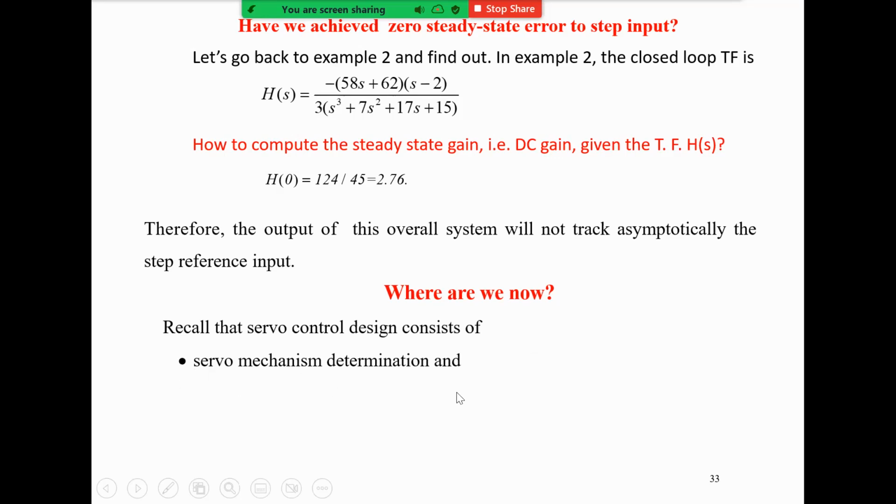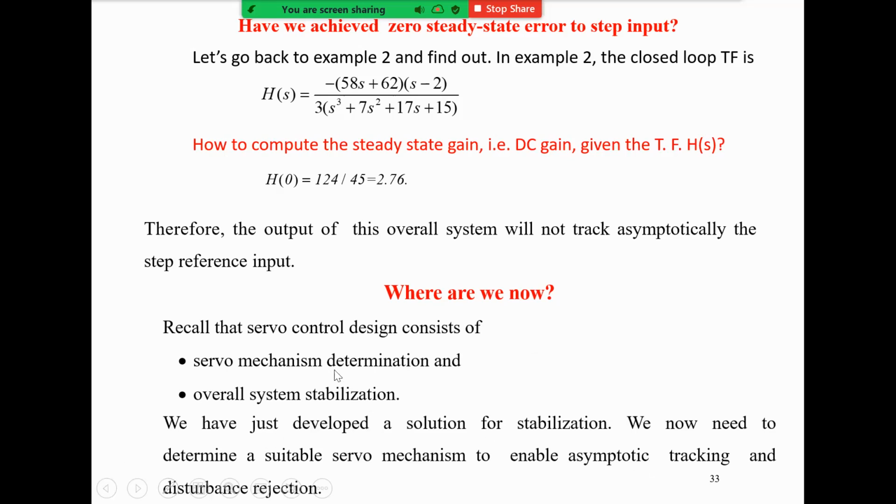One is the servo mechanism. The other one is the system stabilization. So we have only solved the second part. We know how to stabilize it, and now we need to find out what is the proper servo mechanism we want to implement to achieve the goal.